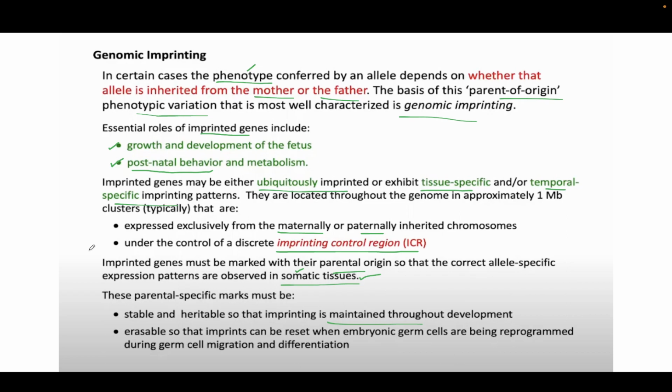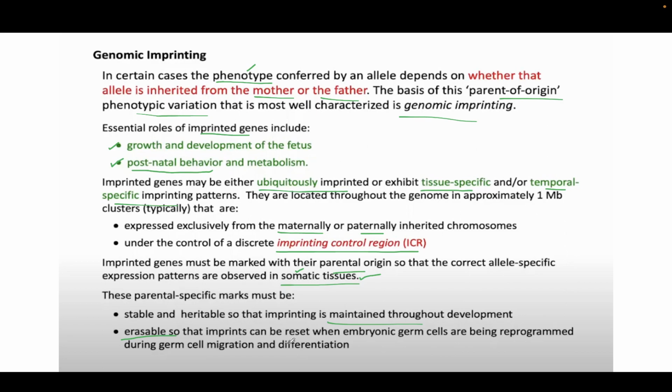Erasable, so that imprints can be reset when embryonic germ cells are being reprogrammed during germ cell migration or differentiation. So this somatic imprinting must be erasable. It should not be like they are transferring from one generation to another generation, and then one particular organism will have the maternal chromosome expressed for 10 to 20 generations. It should not happen.